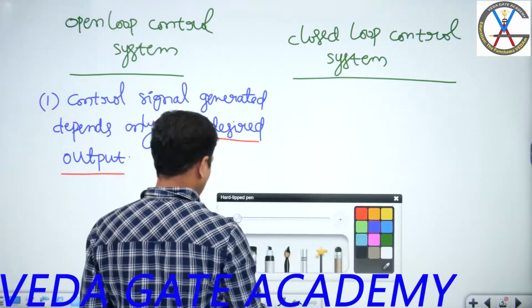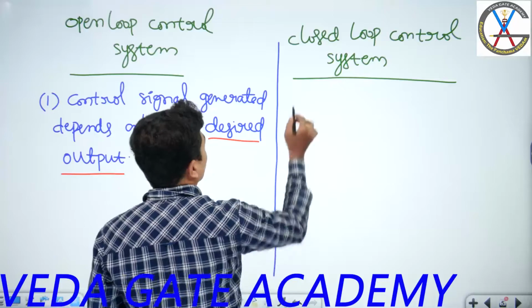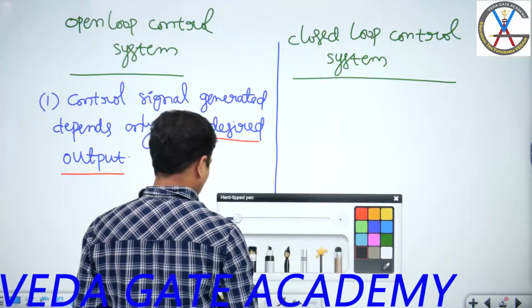Let us take the first point in closed loop control system. What is the first point in closed loop control system?